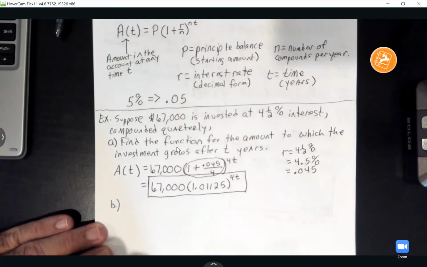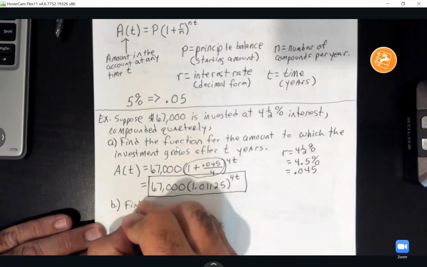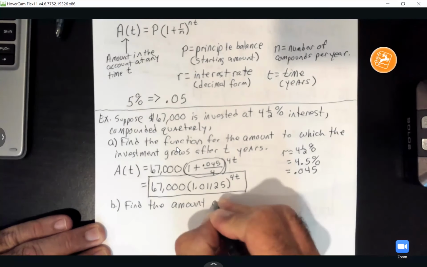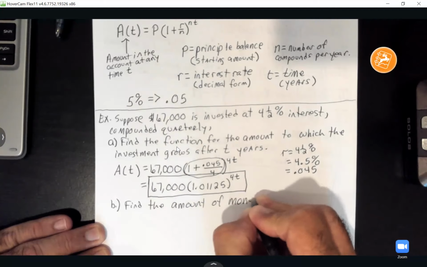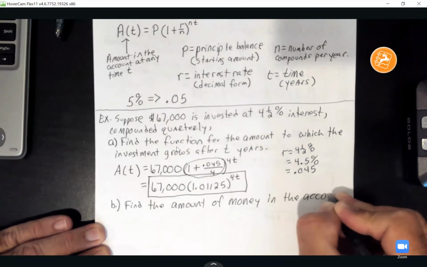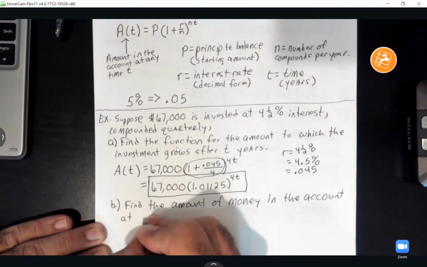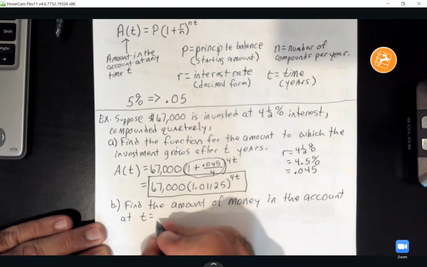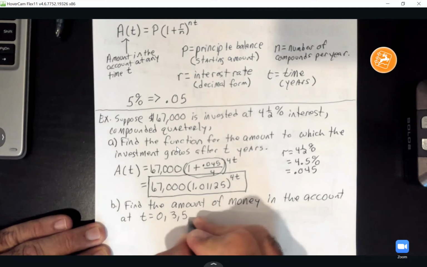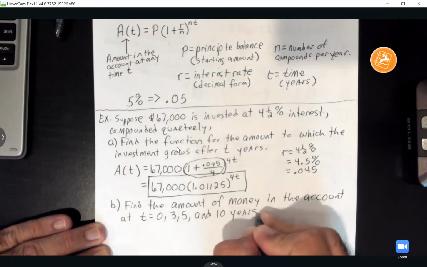Now check this out. They want me to find the amount of money in the account at T equals 0, 3, 5, and 10 years.